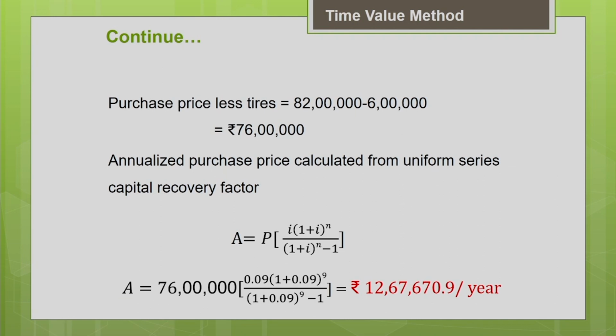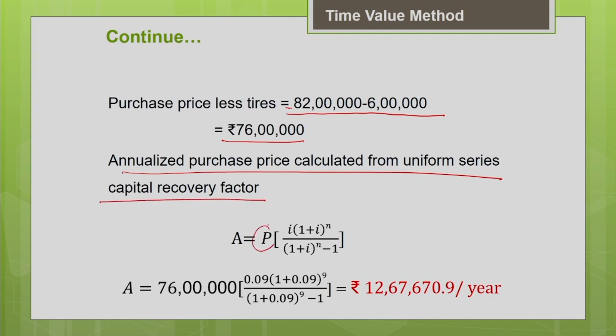First, let us calculate the purchase price of the machine less the tire cost. 82 lakh is the purchase price minus the tire cost, because the tire cost will be considered under the operating cost. Now the purchase price less the tire cost will be 76 lakhs. Now, how to find the annualized purchase price from the uniform series capital recovery factor?